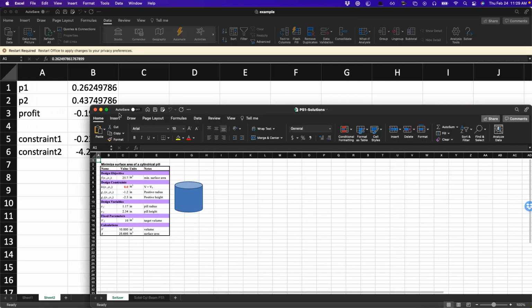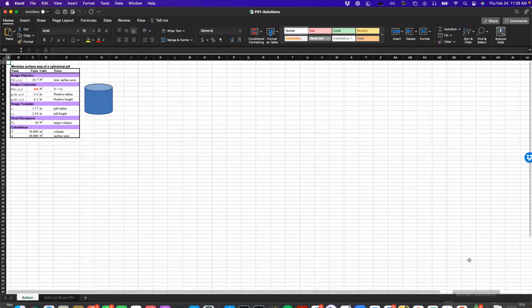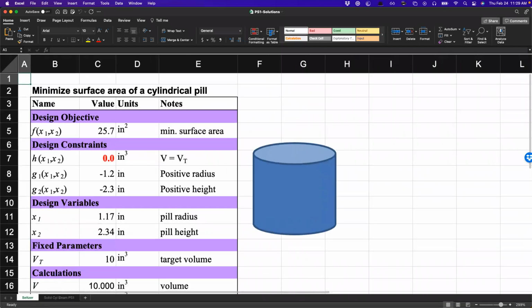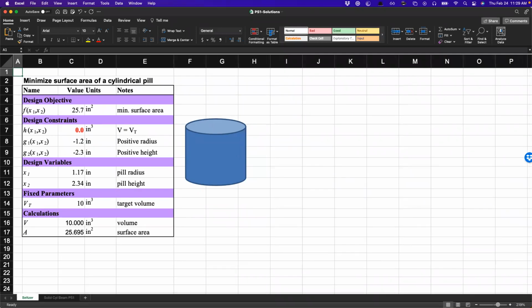Okay, so this is an example of an optimization. And the problem is, you've got some kind of cylinder here, a cylindrical pill, and I want to minimize its surface area. You have some design objectives and constraints, and what you're allowed to modify.